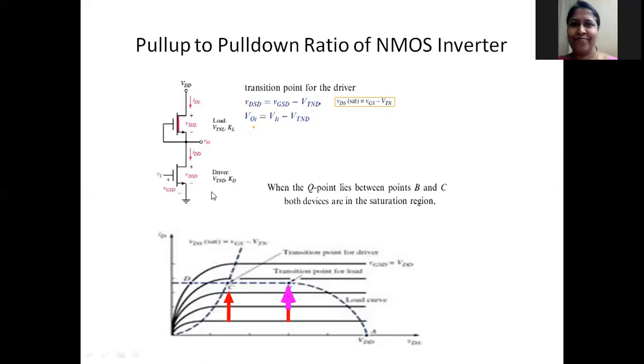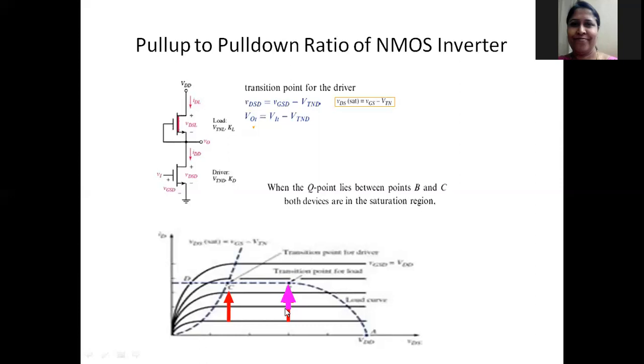To design the inverter to give proper voltage levels, we have to consider the transition point, that is the center point wherein V input equal to VDD by 2, V output is equal to VDD by 2.